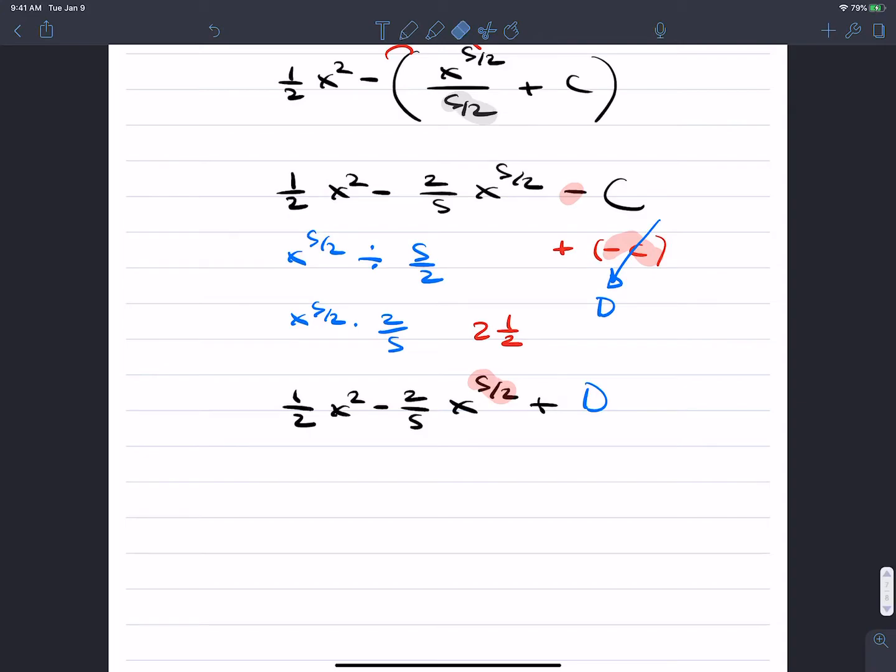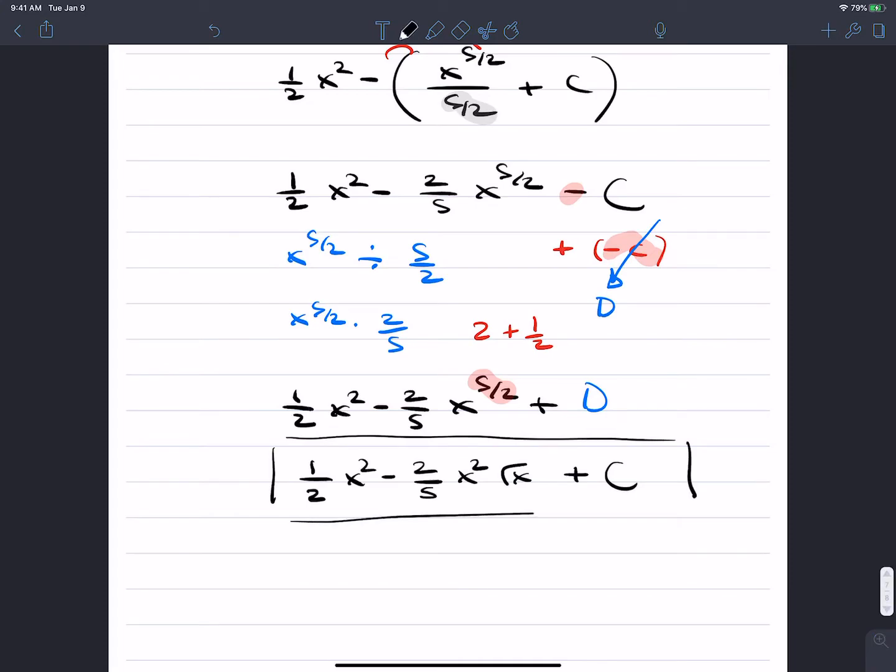But 2 and 1/2, by definition, is really 2 plus 1/2. So let's see what this means again. 1/2 x squared minus 2/5 x squared square root of x plus not d, but plus c. So this is exactly what you'd see in the back of that book, going through every tedious detail.